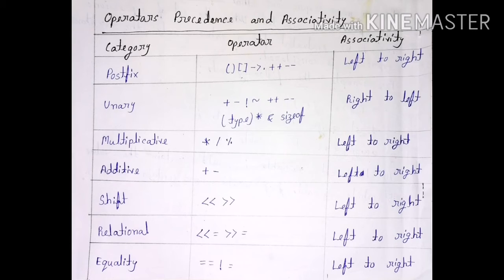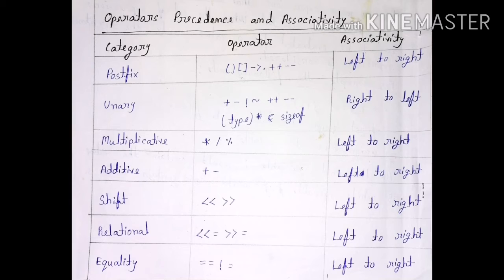Now here is a list of operators with their category and associativity. First is the postfix category. Here are the operators of the postfix category and the associativity is left to right. Here are the unary category operators and the associativity is right to left.